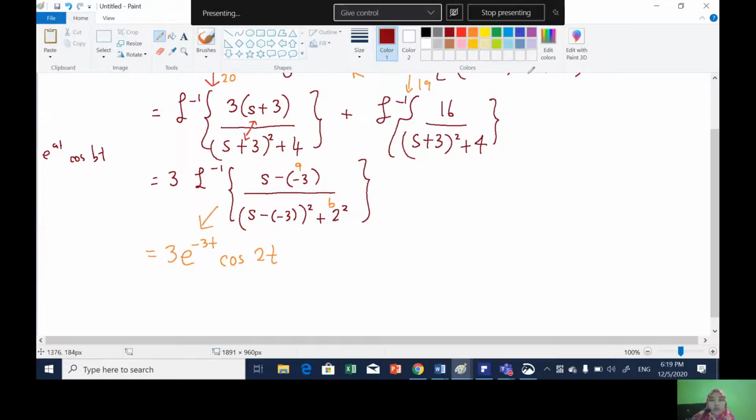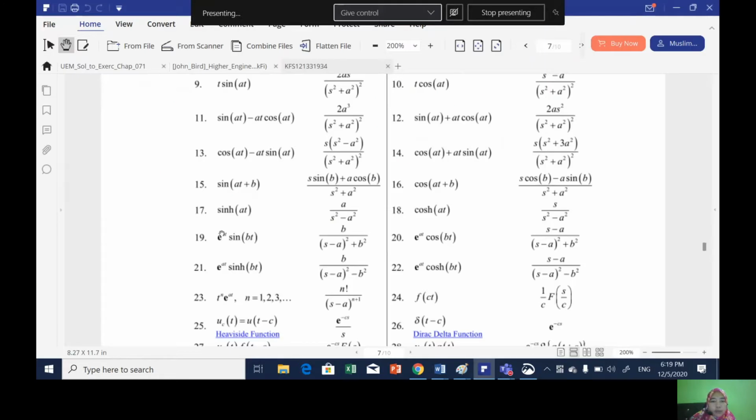Now on the other side, we correct down here because this 4 is 2 squared. Inside here, 16, I can have 8 times 2. When we refer to number 19, the numerator must have the same value of b as the denominator.